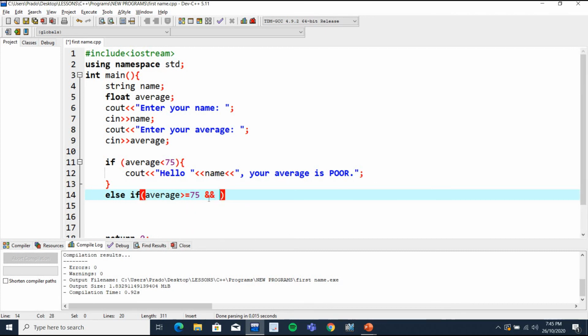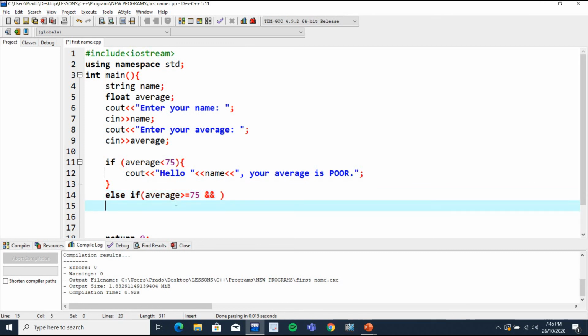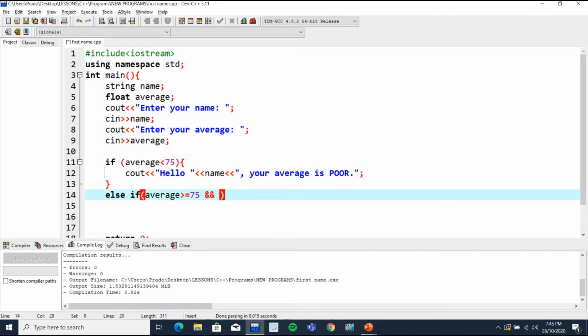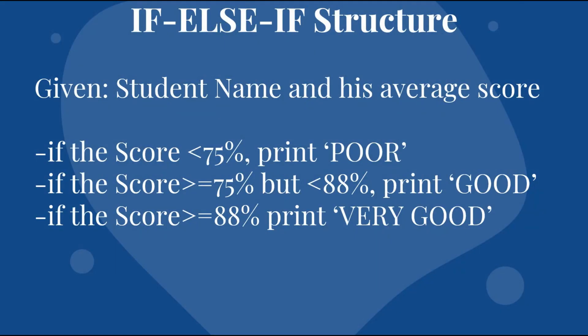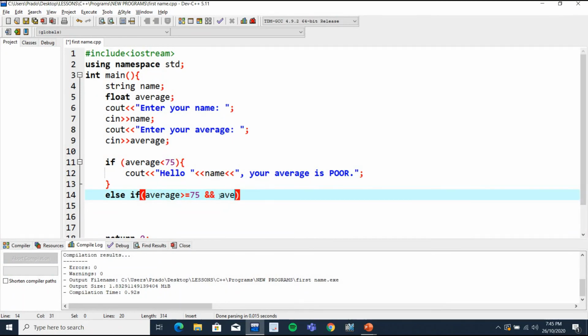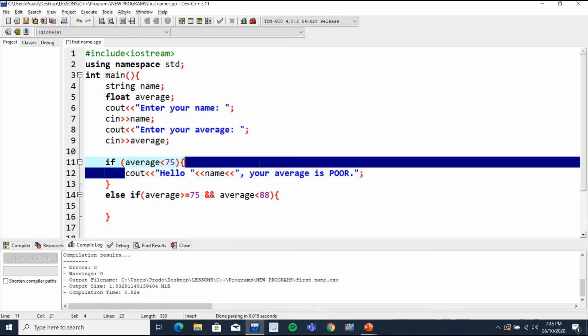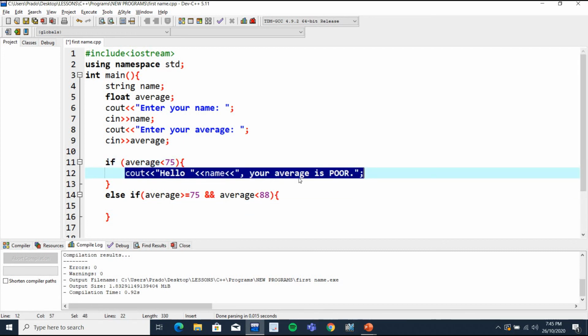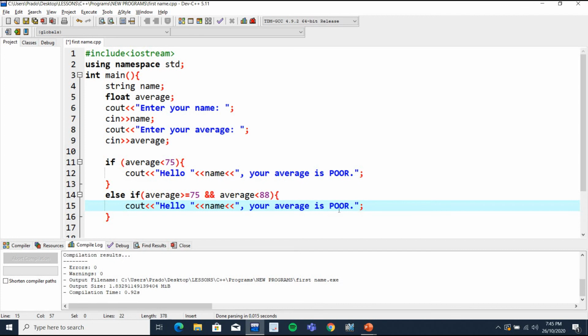Unlike kapag and, na kung saan, kahit na ano dun sa dalawa, same yung ilalabas niyang information which is nasa baba mamaya na cout. So, after ito, if average is greater than or equal to 75 and average is less than 88, then brace, copy po muna natin to, saka natin palitan yung sa pinakadulo na poor to good.